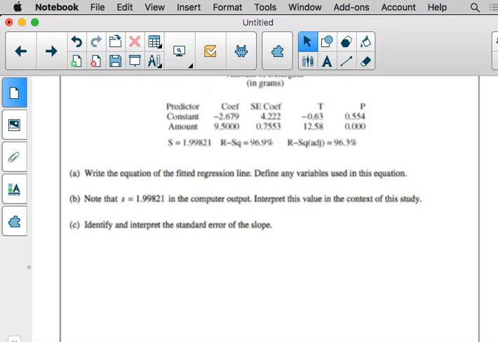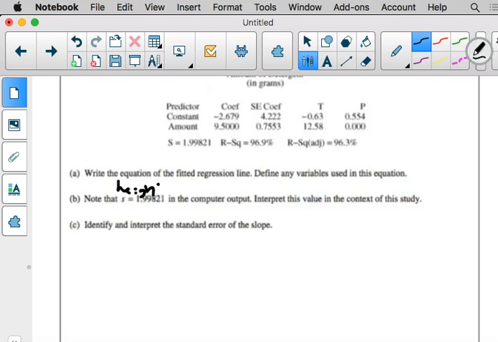All right, so here again, we've already done this part. We already know how to do this. So here we're talking about the amount and then the height, the height that it gets. So we're predicting height. Again, this is always your x.